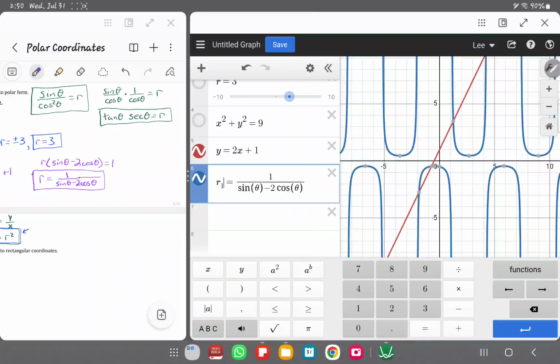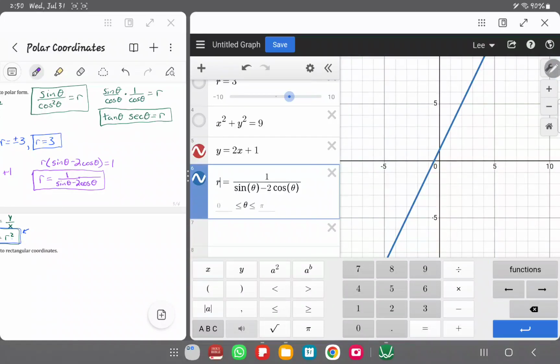So you do have to use specifically just r, not r1, r2, any of that sort of stuff, just r by itself. That's one thing to keep in mind. And a lot of times you do want to use theta. That's what tells Desmos that you are graphing a polar equation, specifically r and specifically theta. So just something to keep in mind as you're graphing those.